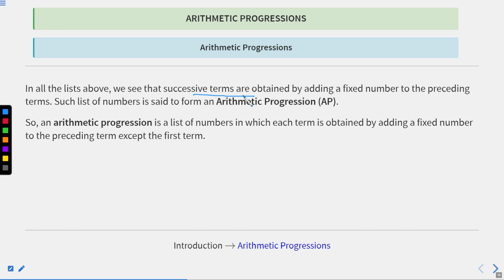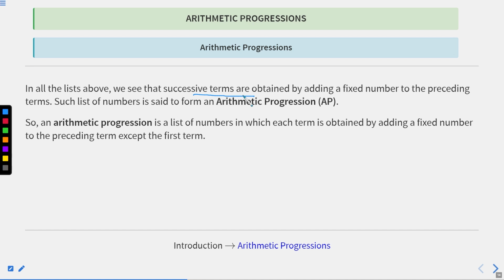So an arithmetic progression is a list of numbers in which each term is obtained by adding a fixed number to the preceding term, except the first term. So except the first term, in an arithmetic progression, each term is obtained by adding a fixed number to the preceding terms.